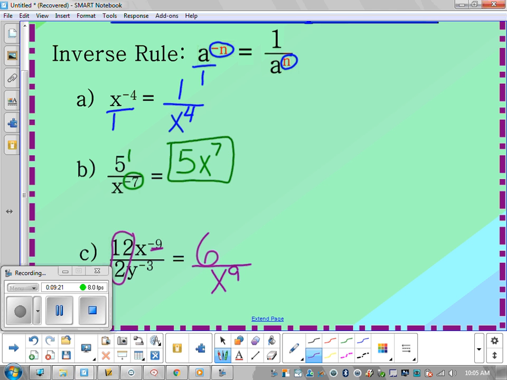The y's exponent is also negative, but it's in the denominator, so it must move upstairs to the numerator to become a positive exponent. Please note the 12 divided by 2, which was 6, did not move. Its exponent is a positive 1 because there's 1 6 that is sitting there. It is the x and the y that had the negative exponents that had to move.